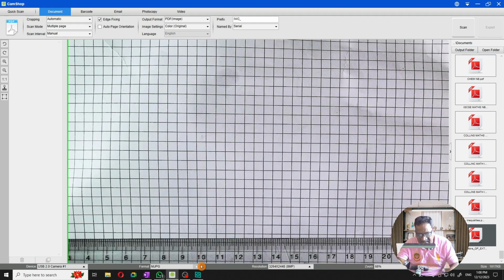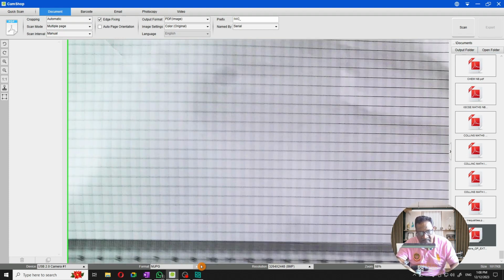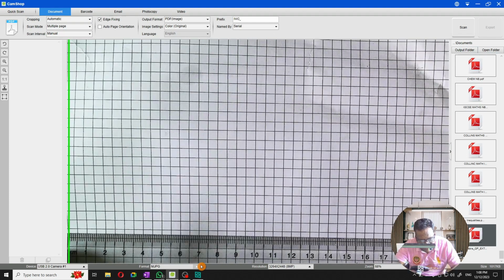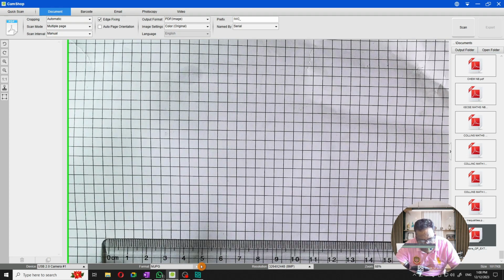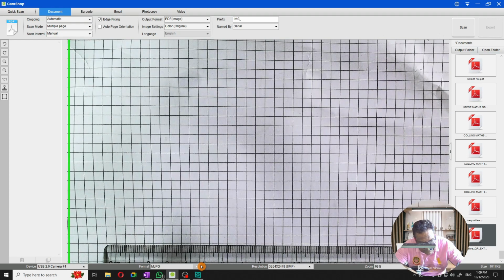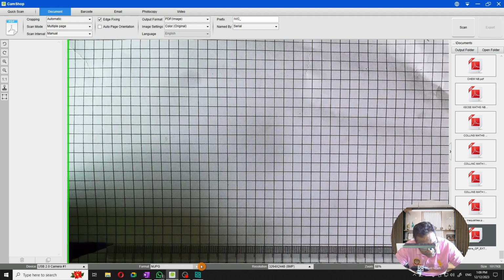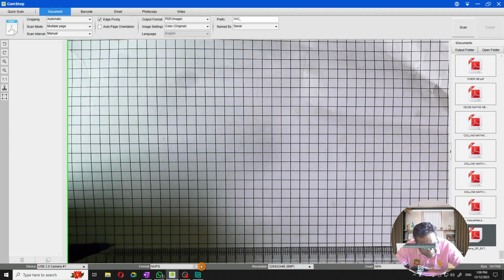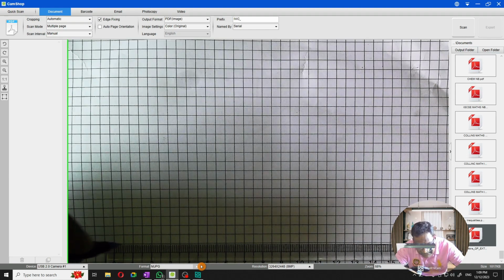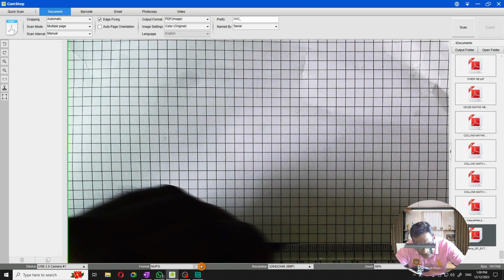Yes, can you see that? Okay. So you can see my scale. So first I'm going to draw according to the scale from this point. From this point I'm going to take 10 centimeter. Can you see?